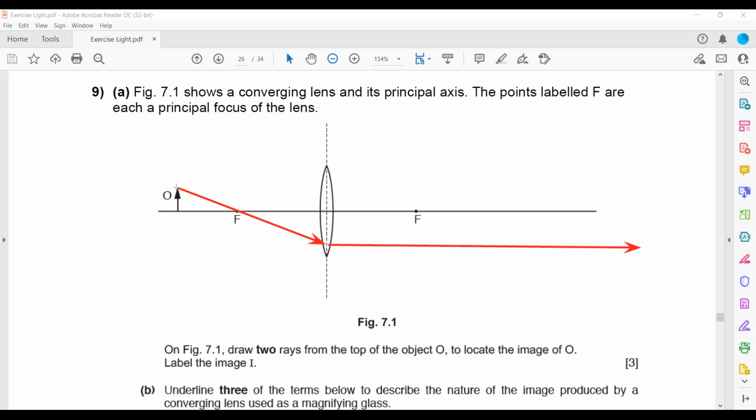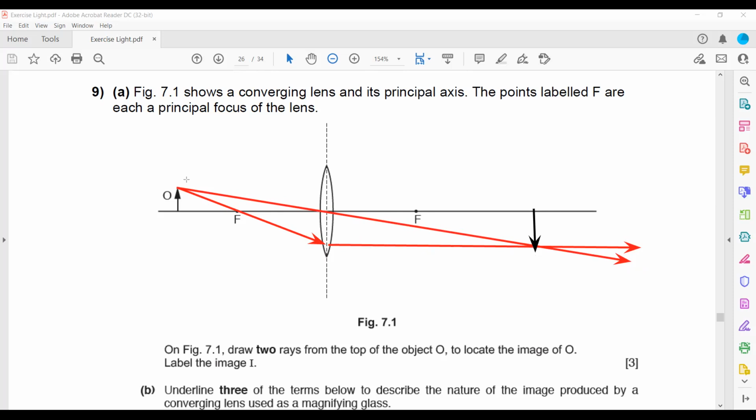And one through the tip of the object will pass straight through the lens. So when the two light rays intersect, that is the position of the image.